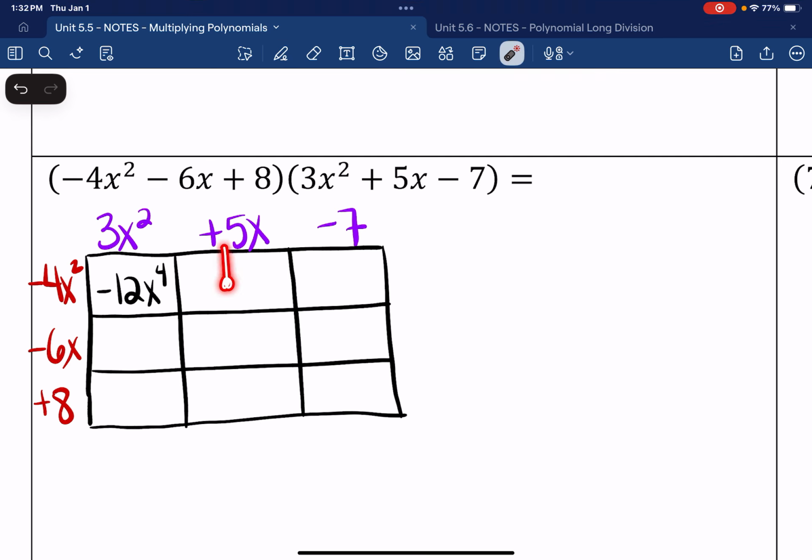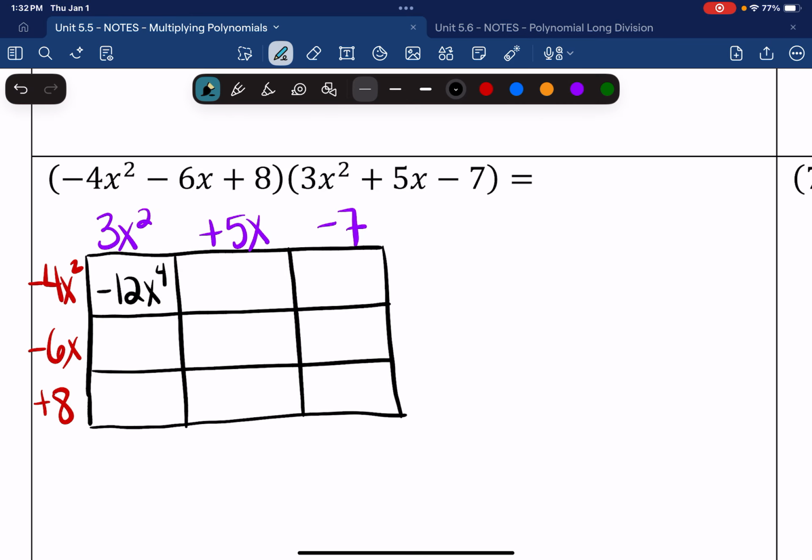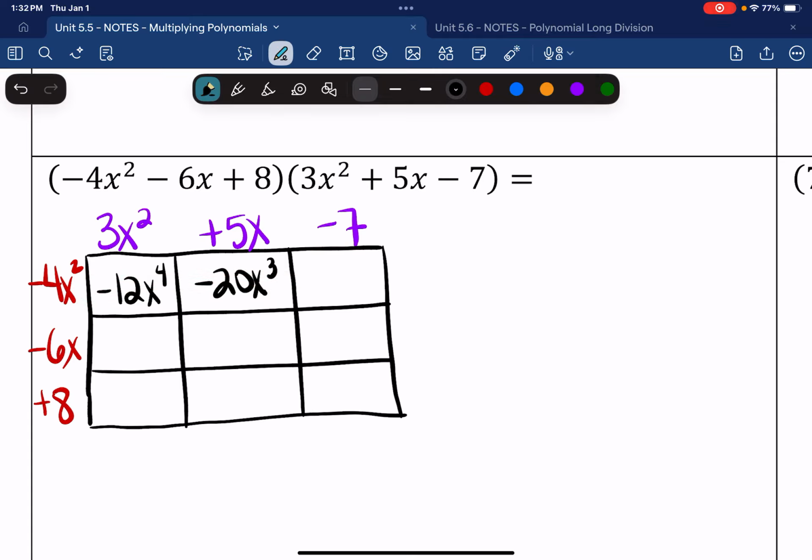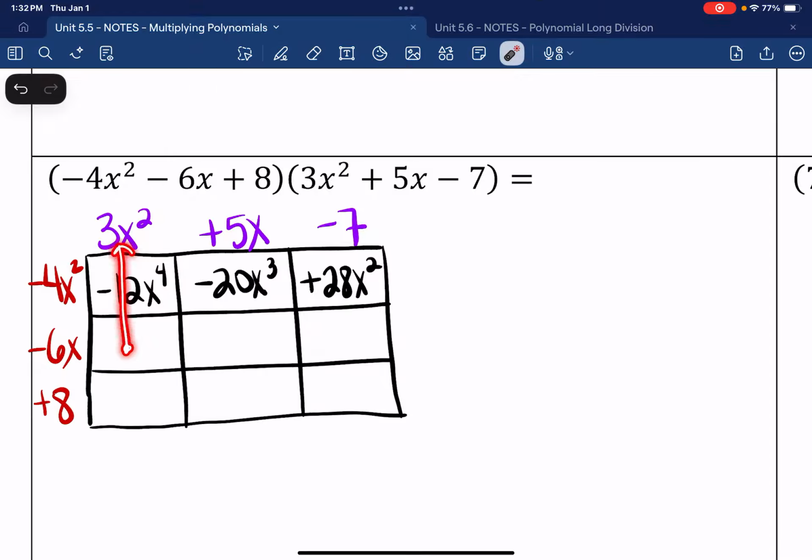Next box, 5x times negative 4x squared gives us a negative 20x cubed. And then this last box right here, negative 7 times negative 4x squared, gives us a positive 28x squared. Next row, 3x squared times negative 6x is negative 18x cubed.